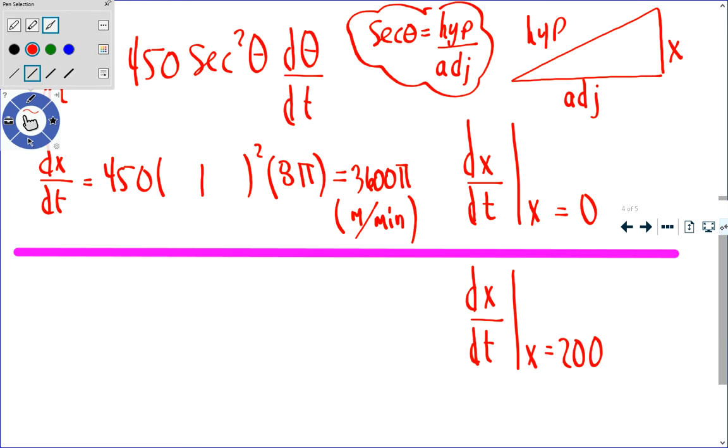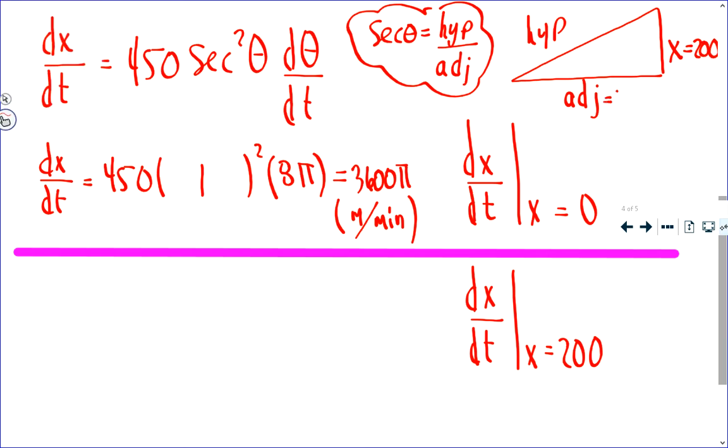For the second question, this number is 200. The adjacent side, of course, is 450. So we can use that to find the hypotenuse. Remember that secant is hypotenuse over adjacent.